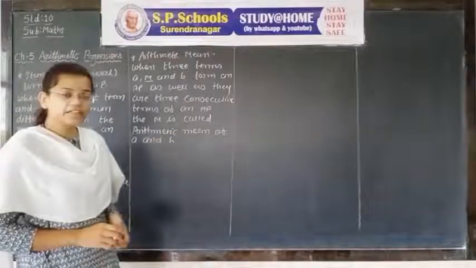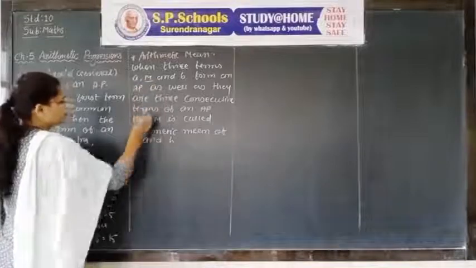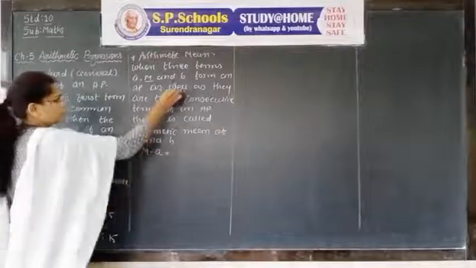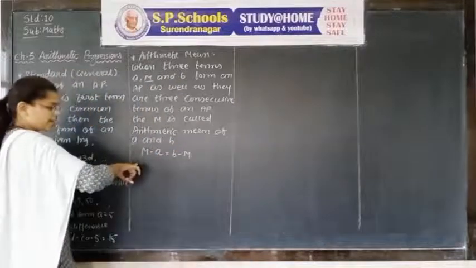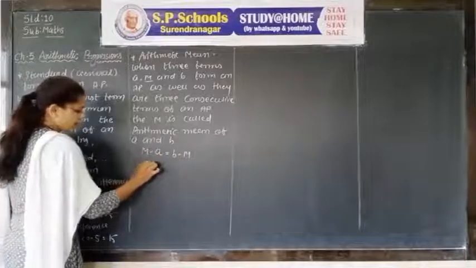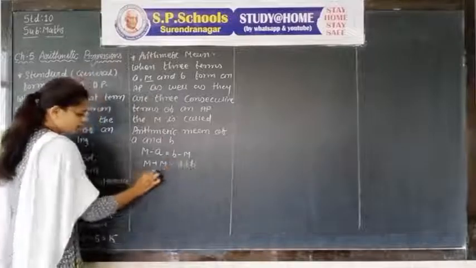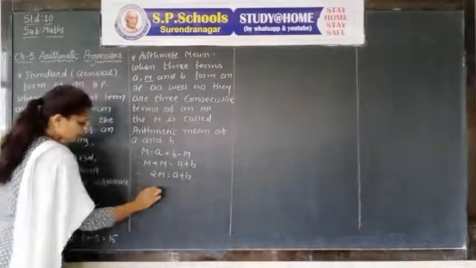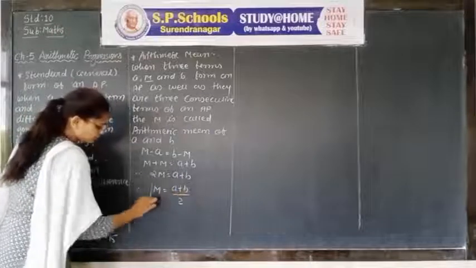The arithmetic mean is obtained by the difference of the consecutive terms. Second term minus first term: M minus A is equal to B minus M. Shift minus M from the right-hand side to the left, and minus A from left to right. M plus M is equal to A plus B, where M plus M is 2M, so 2M is equal to A plus B, where M is equal to A plus B upon 2.